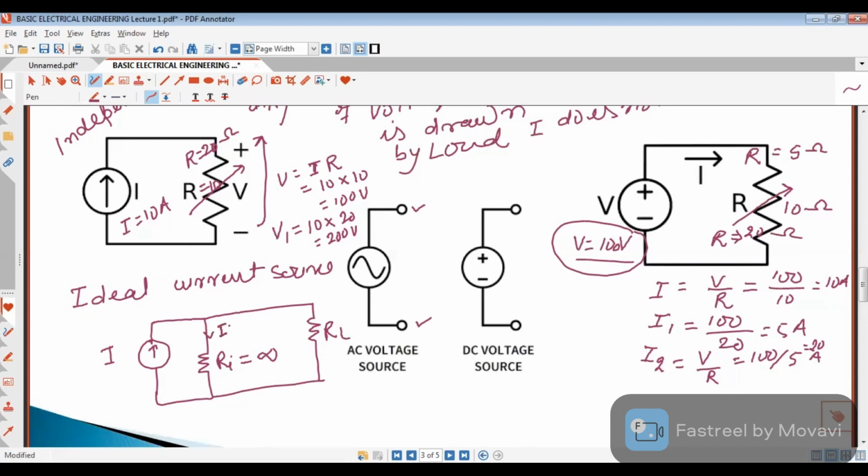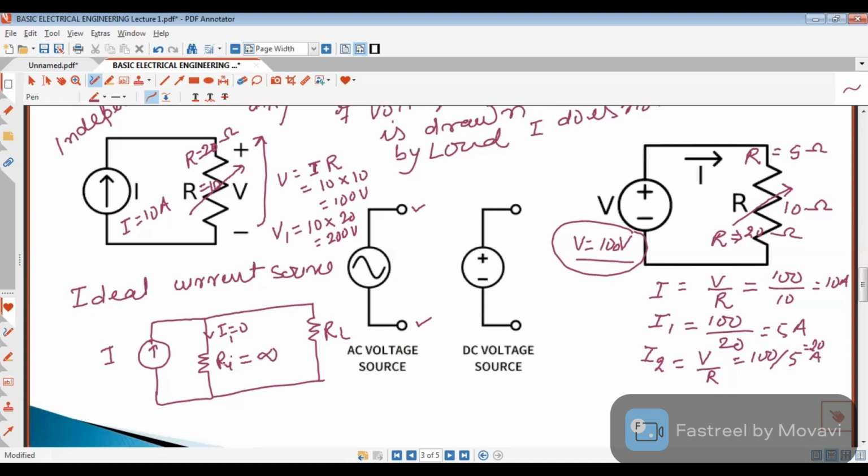Here current I1 will be zero because the resistance is infinite. So whatever current is coming here, all the current will go through the load. So ideal current source has infinite resistance.